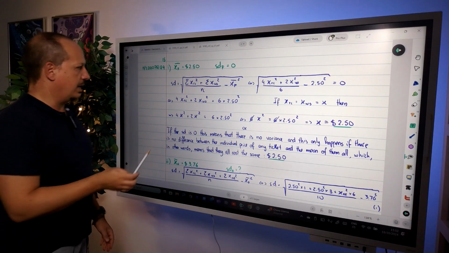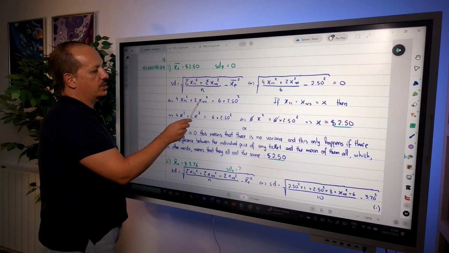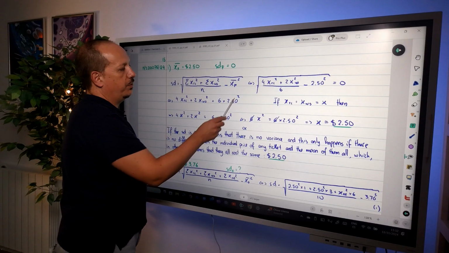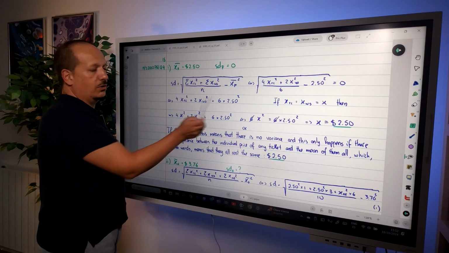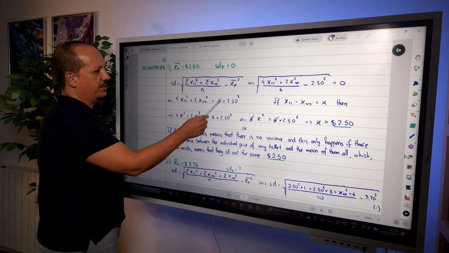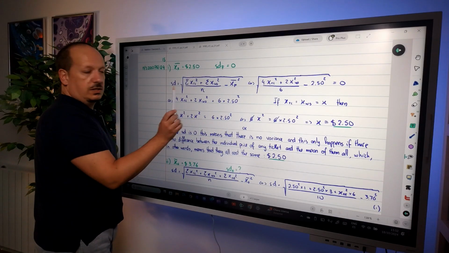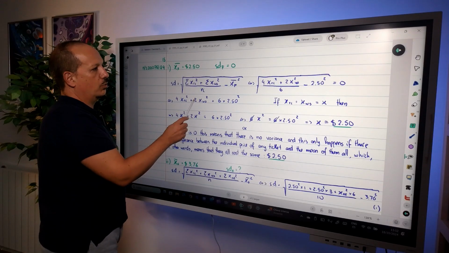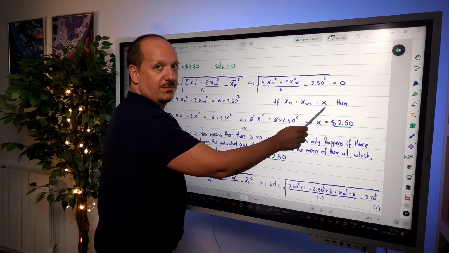And now look at what you have. You have 4 times the price of the roller coaster square plus 2 times the cost of the water slide square equals 6 times 2.50 square. In order for this to be true, you have here, look, pay attention to the coefficients. You have here 6, 4, and 2. In order for this to be true, this will only happen if this value over here and this value over here are the same, which I just call x, right?